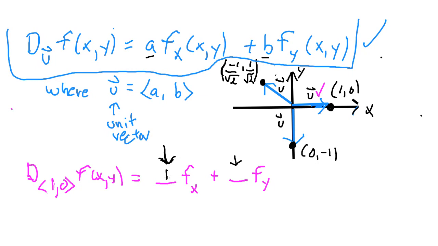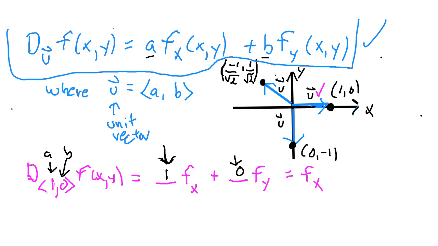That's right, Norino, 1, because A equals 1. And then 0 would go in front of the partial derivative of f with respect to y, because b equals 0. So this is just going to give you the partial derivative with respect to x, which is what we would want.